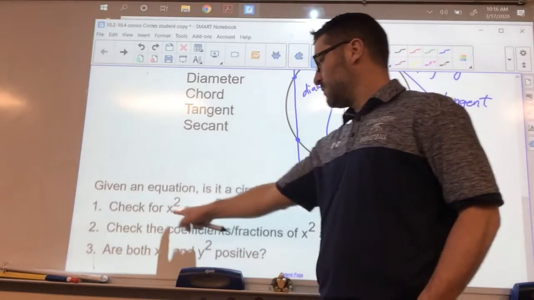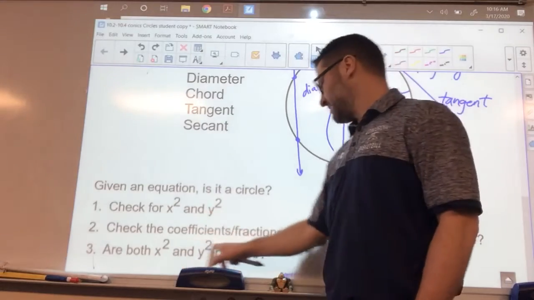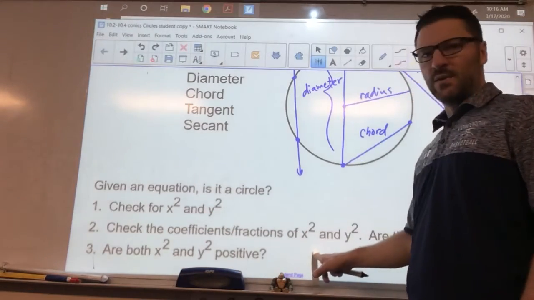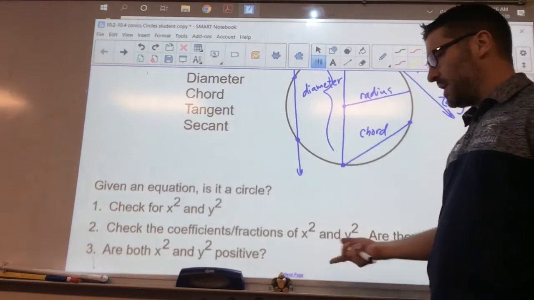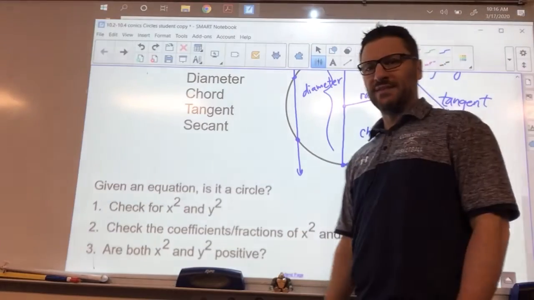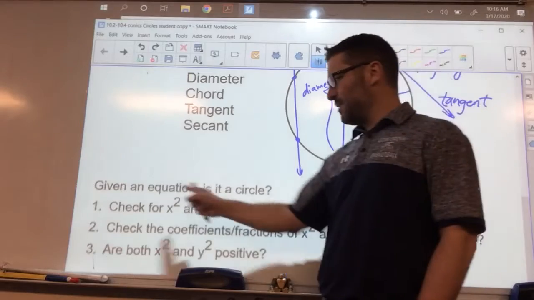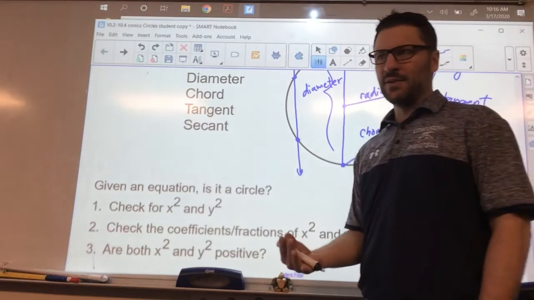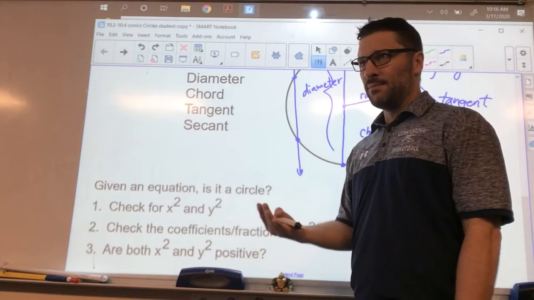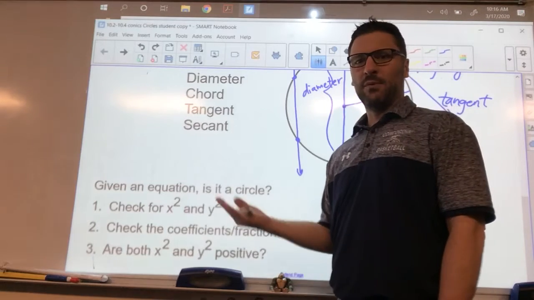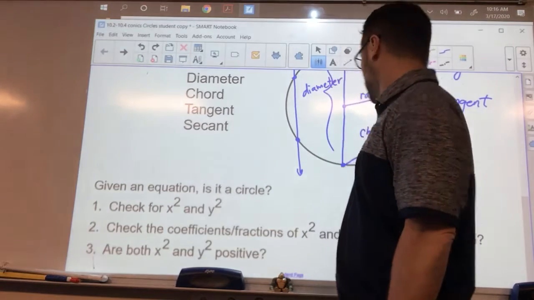Well, for this one, we check the leading coefficients of x squared and y squared. Are they the same? Then it's a circle. And are both x squared and y squared positive? This gives us a little background if we're looking at the general form of an equation. Is it a circle? Is it an ellipse? Is it a hyperbola? I'll show you some of that example stuff later.